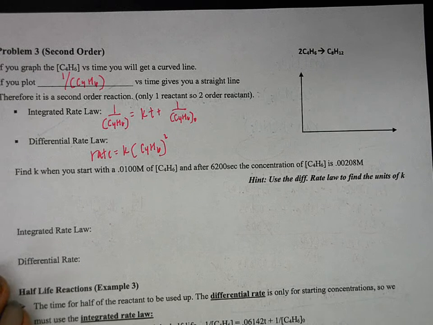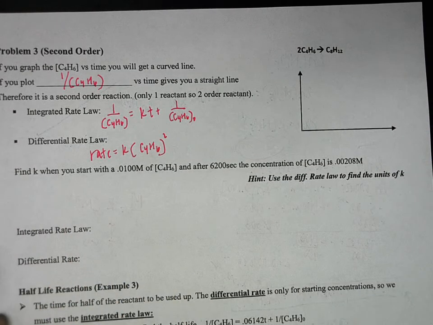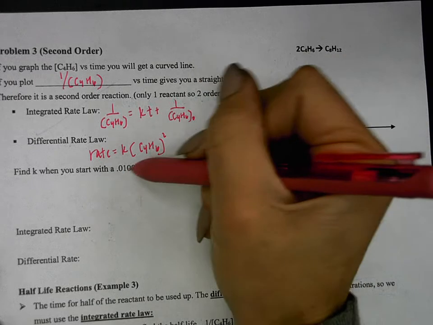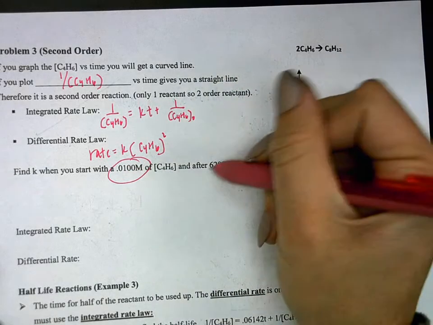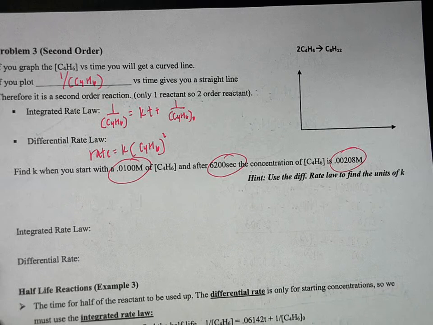Okay, so what we can do here is solve for K. They're telling you we start with our initial concentration, and after 6,200 seconds, the concentration is 0.00208.